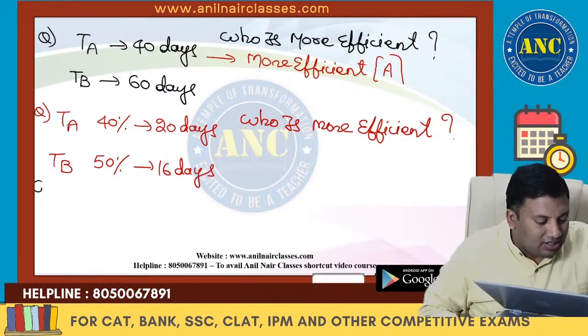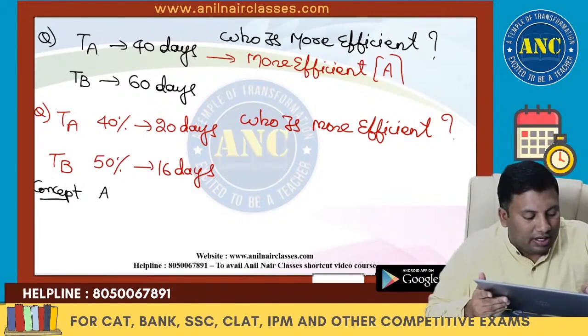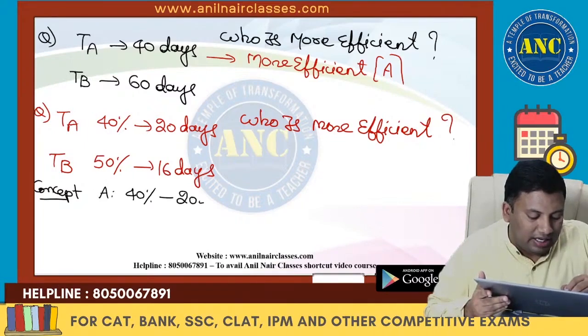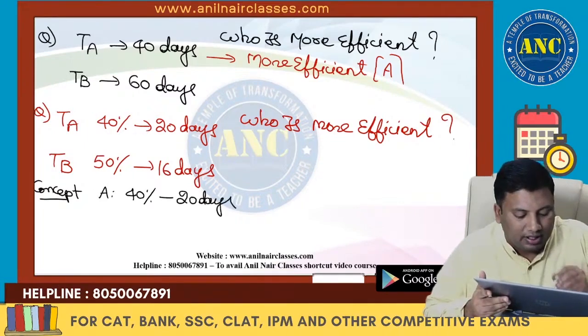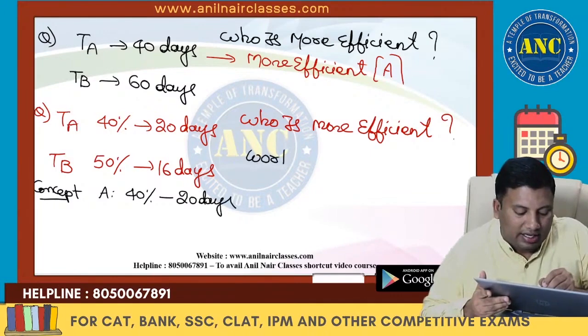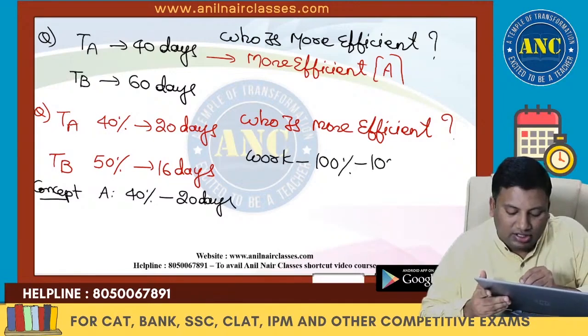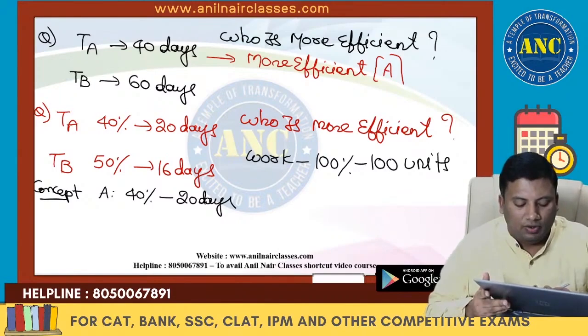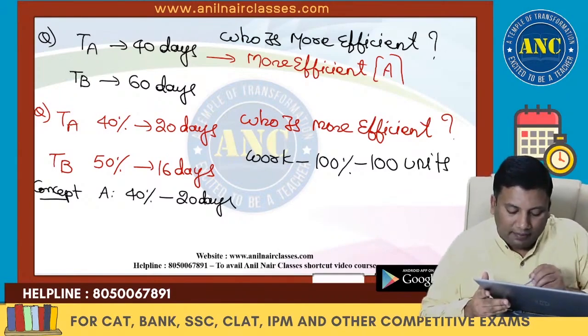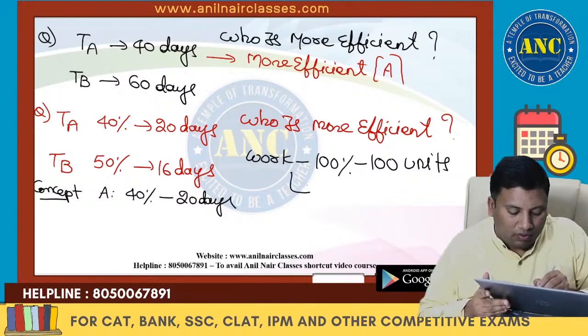Now fundamentals, another concept. A is doing 40% work in 20 days. First concept: total work done is nothing but 100%, or 100 units, or total work can also be taken as value 1.